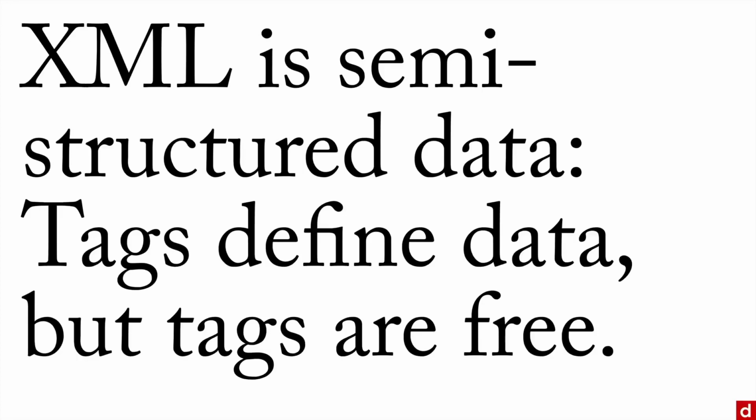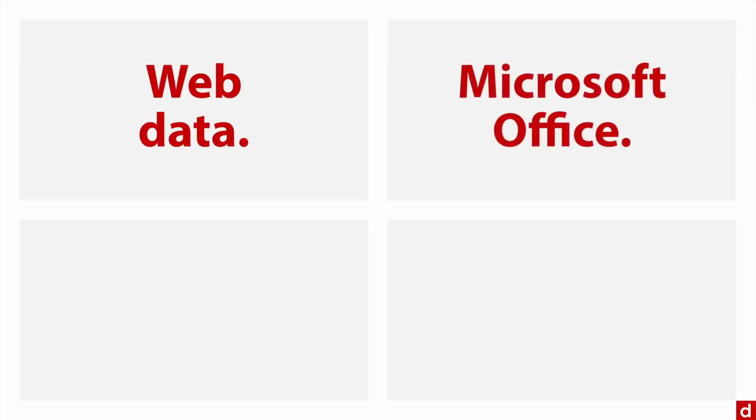Now, there's a couple of places where you're going to see XML files. Number one is in web data. HTML defines the structure of a web page, but if they're feeding data into it, then that will often come in the form of an XML file. Interestingly, Microsoft Office files, if you have docx or XLSX, the X part at the end stands for a version of XML that's used to create these documents.